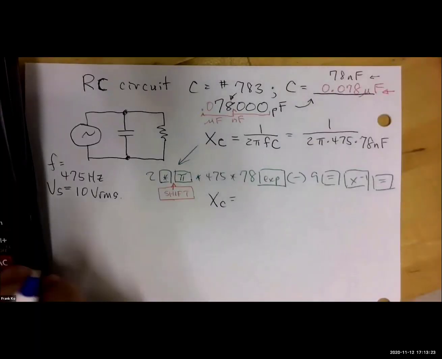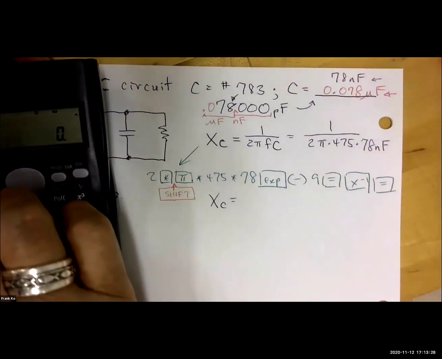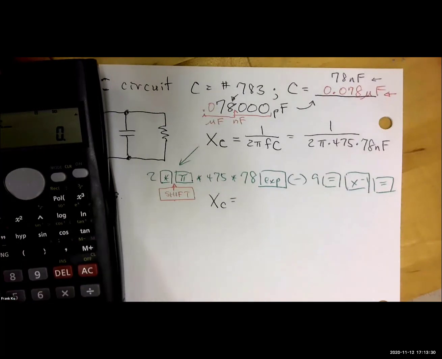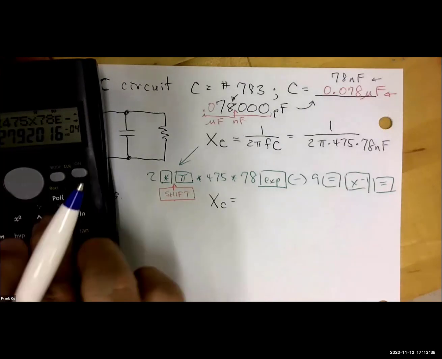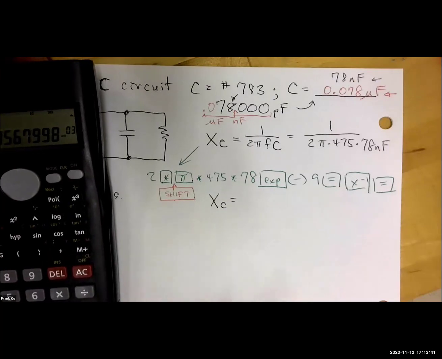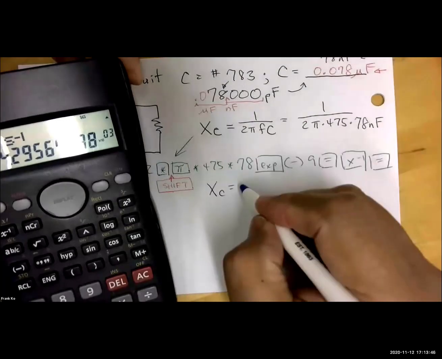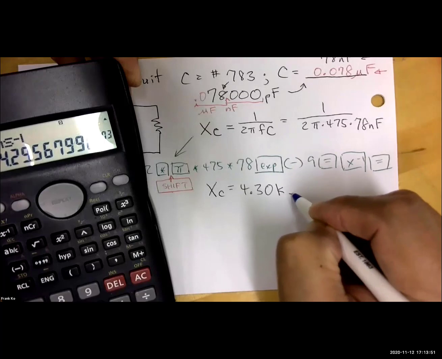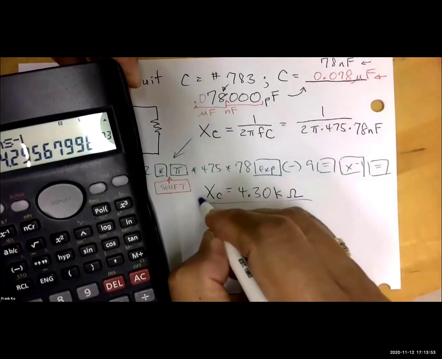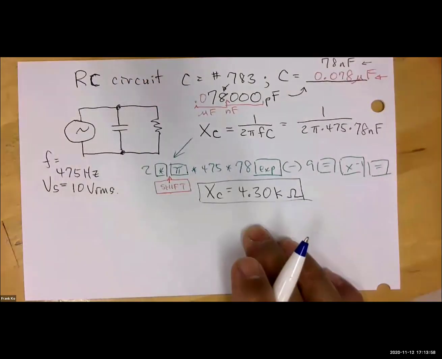Let's try that, and let's do this together. 2 times shift pi times 475 times 78 exponent -9 equals, and then reciprocate, and then equals. As you round this, I would concur with you, it works out to be 4.30 kilo ohms. Is everybody okay with X sub C? So far, so good? All right.